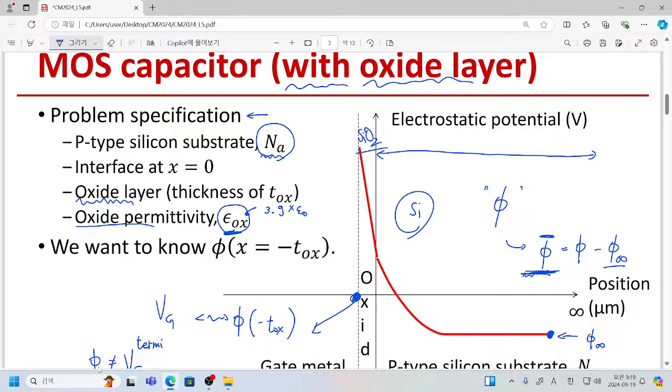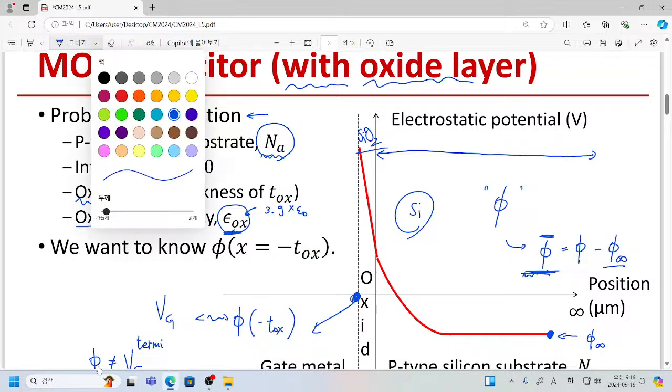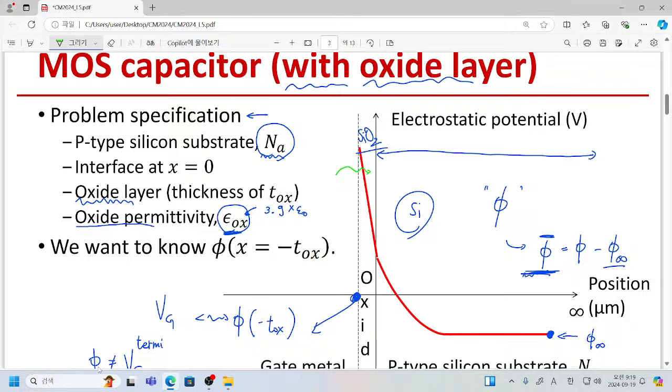So even when we consider a certain point inside this oxide layer, our electrostatic potential, when converted into an energy variable, should describe the E sub I of what? Of silicon, not silicon dioxide.